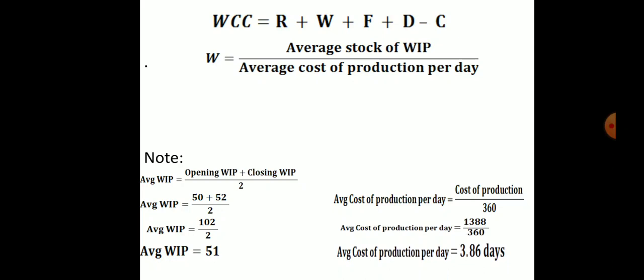So the average stock of work in progress is 51 and the average stock of production per day is 3.86. If you divide that, you will get 13.21 days. So for work in progress, from raw material to that stage, it will take almost 13.21 days to come to the next stage, the second stage.